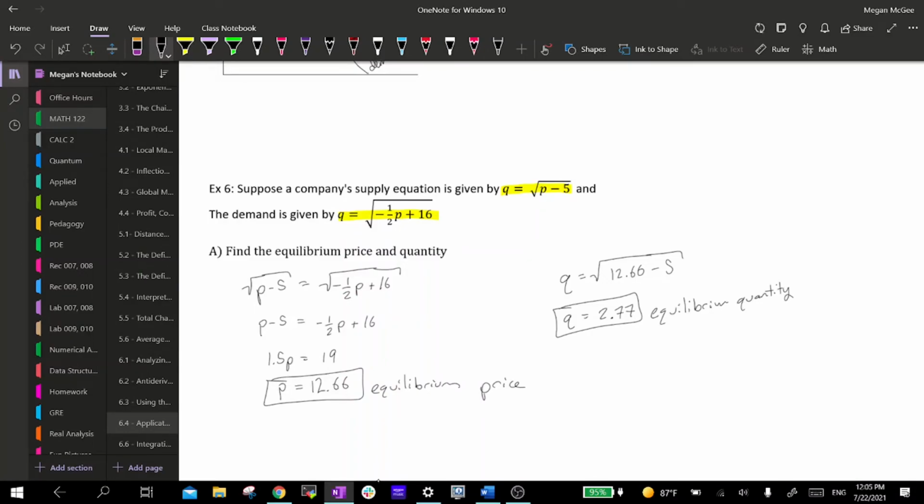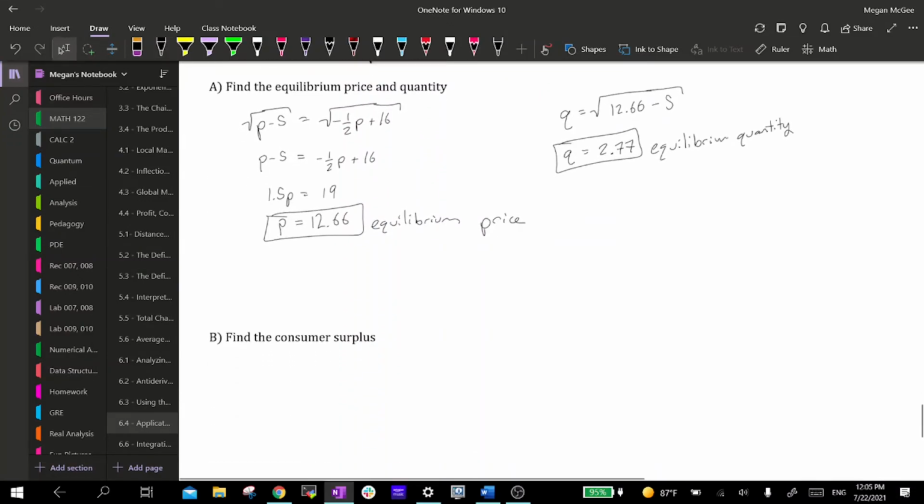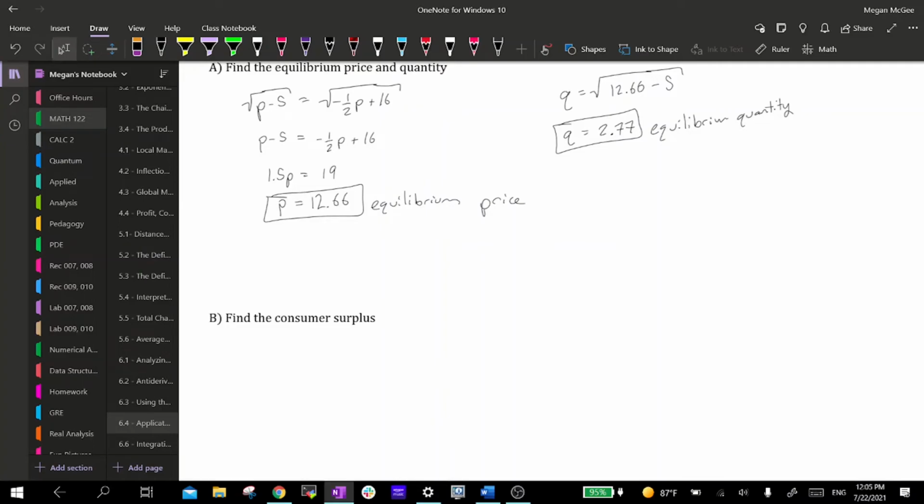All right, so we found our equilibrium price and quantity. Now we need to find the consumer surplus. And we have a little bit of an issue with our supply and demand functions.